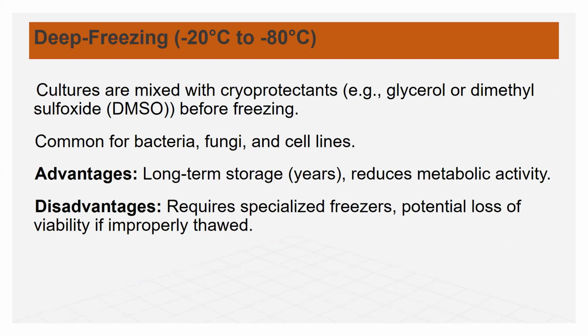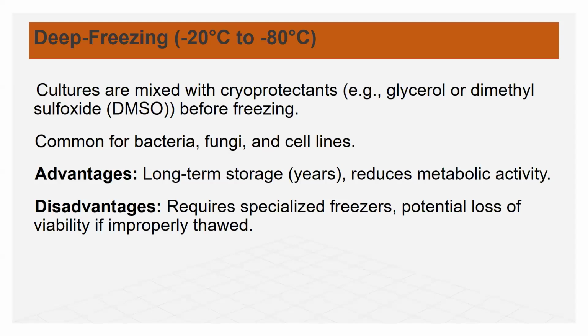Deep freezing is another method, the third method. For deep freezing, the temperature is usually between minus 20 degrees centigrade to minus 80 degrees centigrade. This is not what you use an ordinary freezer for. There's usually a minus 20 or minus 80 degrees centigrade freezer.